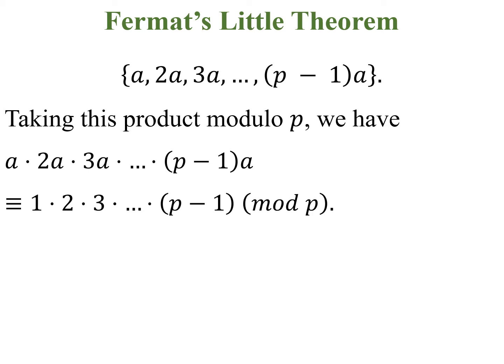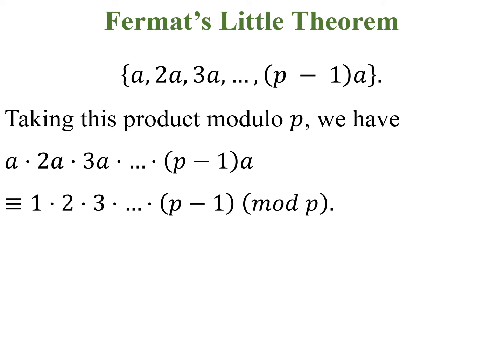That means A will be congruent to 2, 2A will be congruent to 3, 3A will be congruent to 5, 4A will be congruent to 1. In this way, all these P minus 1 elements are distinct modulo P. Exactly one of them is congruent to 1 modulo P, exactly one of them is congruent to 2 modulo P, exactly one of them is congruent to 3 modulo P, exactly one of them is congruent to 4 modulo P, and so on.